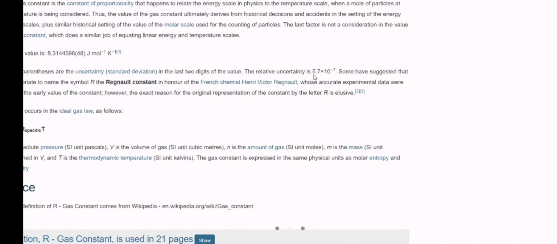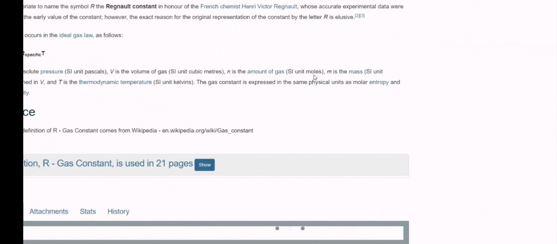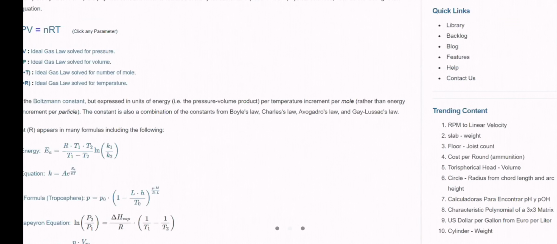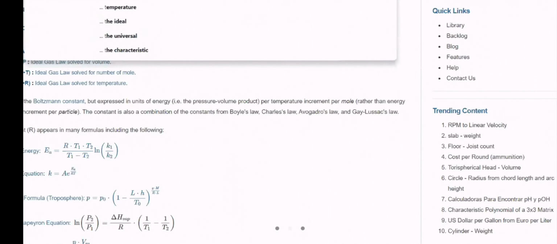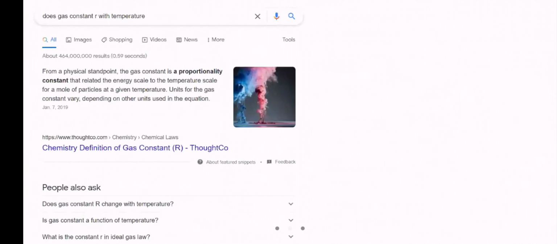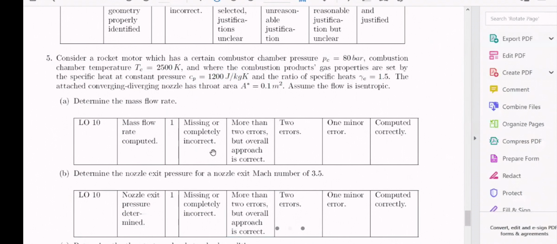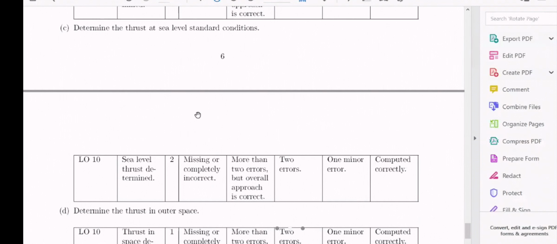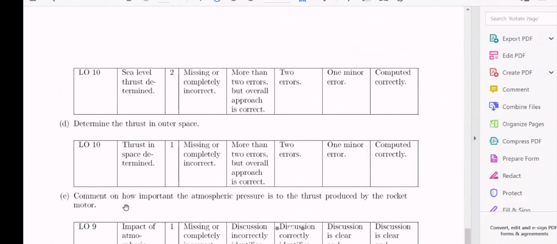So here's my question. If CP is not R, then why is it in the question? Because maybe it's used for something else. Determine the thrust at sea level standard conditions and determine the thrust in outer space.